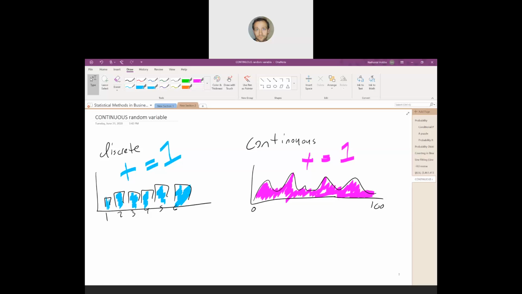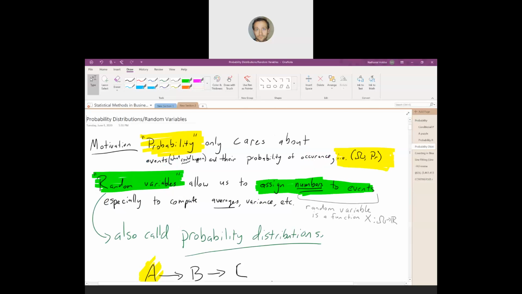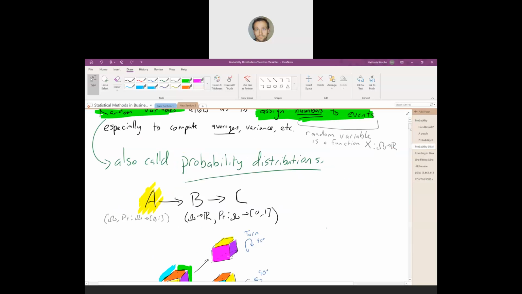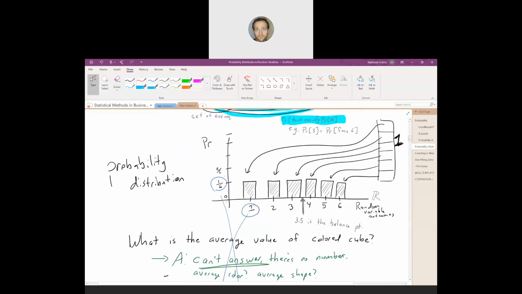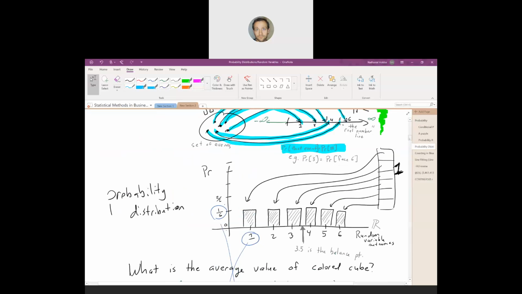All right? Now, there are many discrete distributions. We talked about a couple of them. Let me go back very quickly. This is called a uniform distribution. Uniform, meaning everything is the same. Everything is the same height.